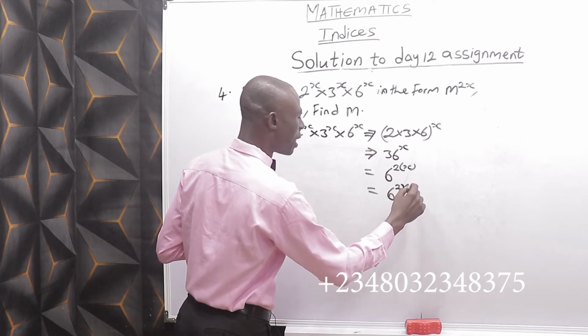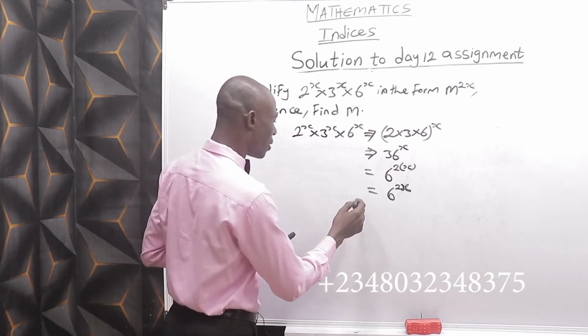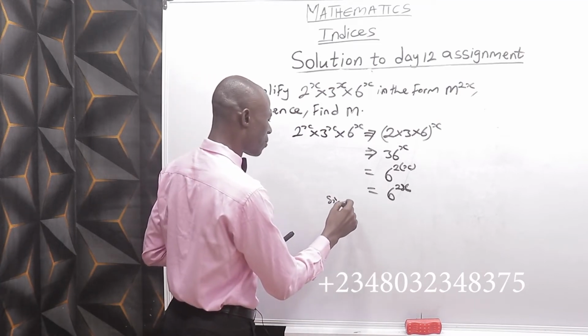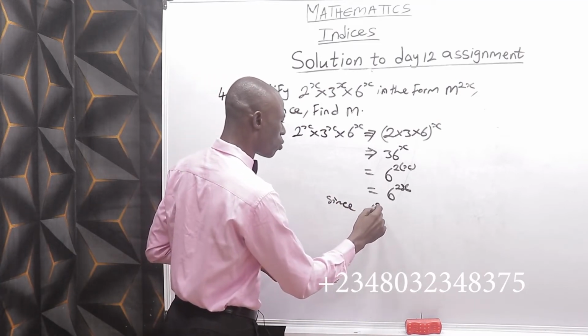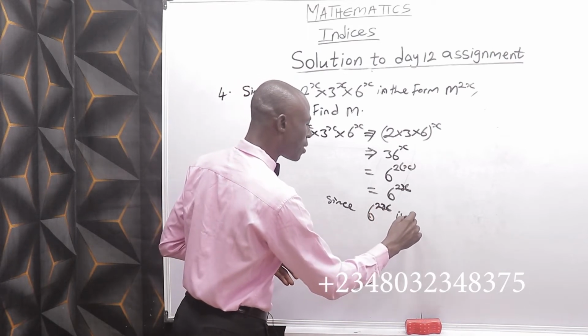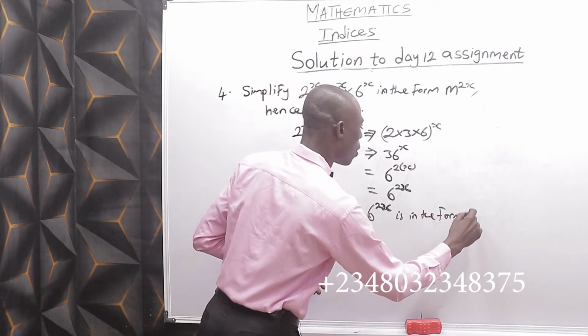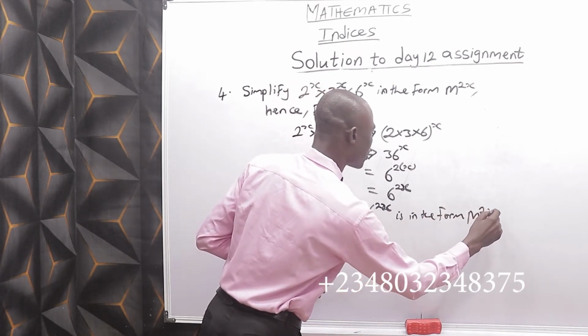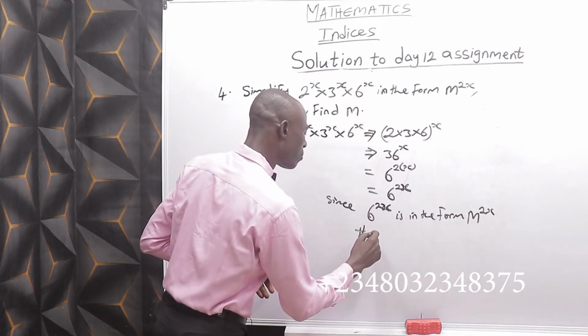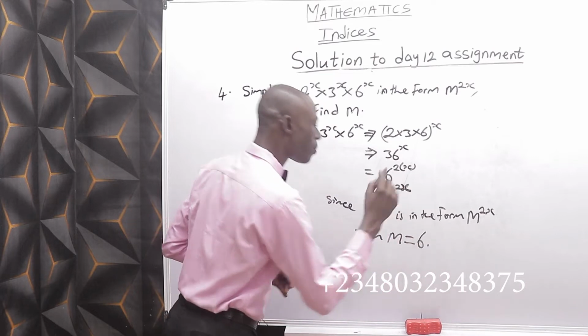So it is now in the form of m raised to power 2x, since 6 raised to power 2x is in the form of m raised to power 2x, then m equals 6.